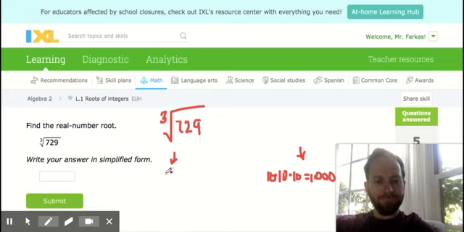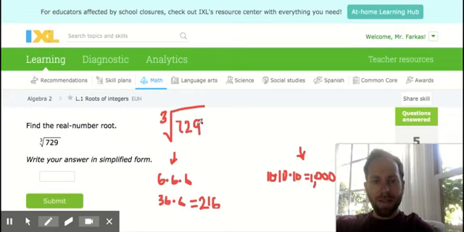Let's try 6, because we just tried 5. 6 times 6 times 6. 6 times 6 is 36, and 36 times 6 is 216. So as you can see, when you're multiplying a number by itself 3 times, it grows very quickly. Between 6 and 10, you get from 216 to 1,000. So we know that this value, 729, is much closer to 1,000.